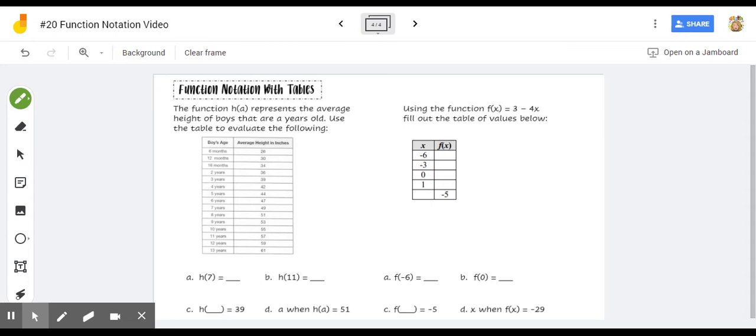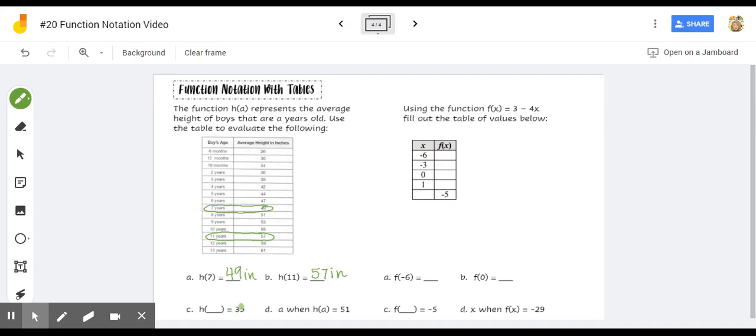Let's look at our table here. Our average height looks to be 49, so our output is 49 inches. If I look at when a young boy is 11 years old, that average height is 57 inches according to our table.